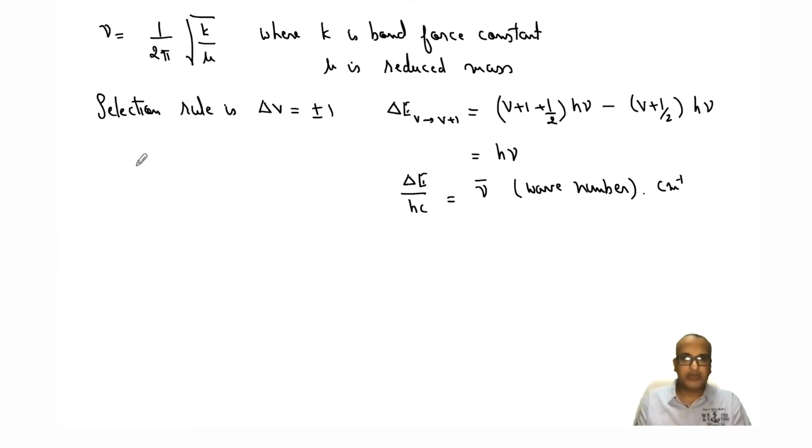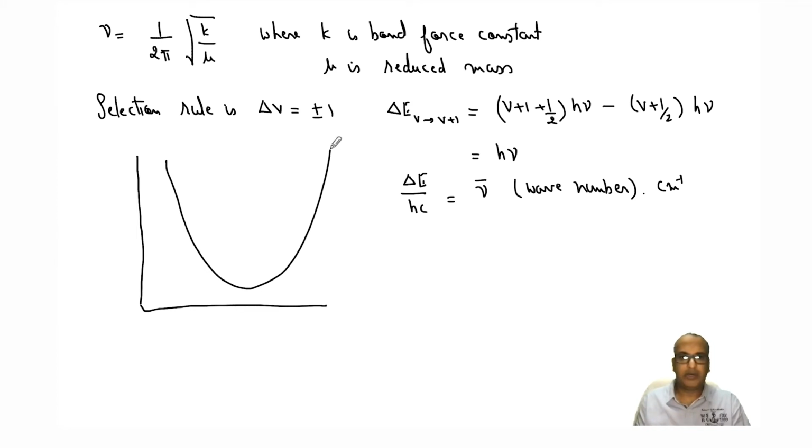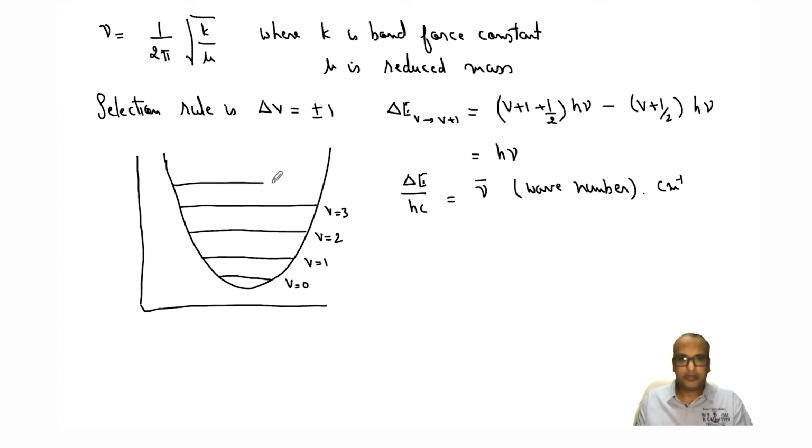Now the kind of transitions which are possible, let us try to draw. So in case of harmonic oscillator model, if you notice that delta E is equal to h nu or nu bar, that means starting from v equal to any given value. So this is v equal to 0, v equal to 1, v equal to 2, v equal to 3, and so on.